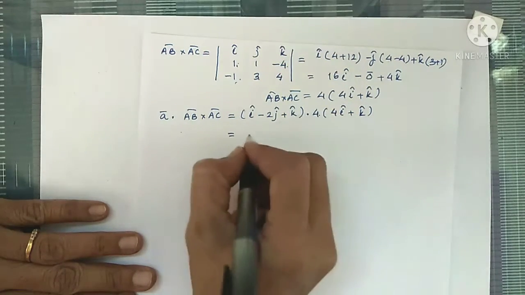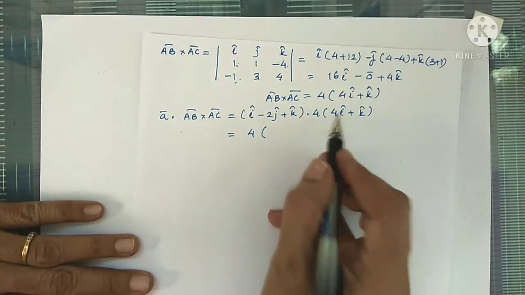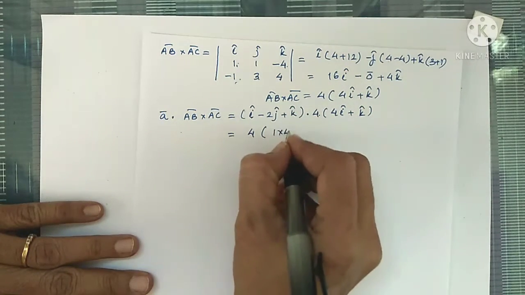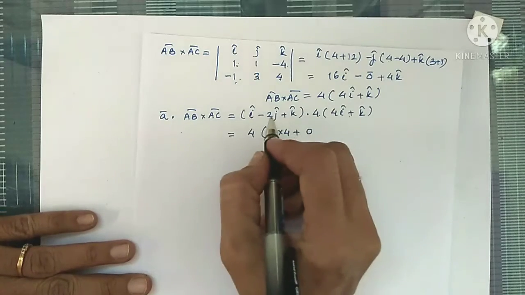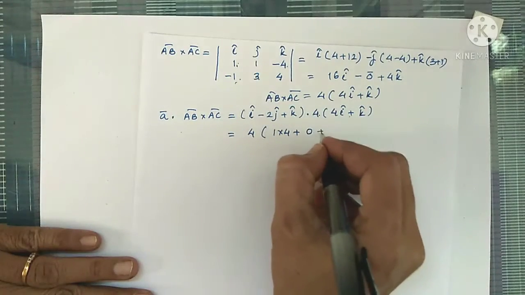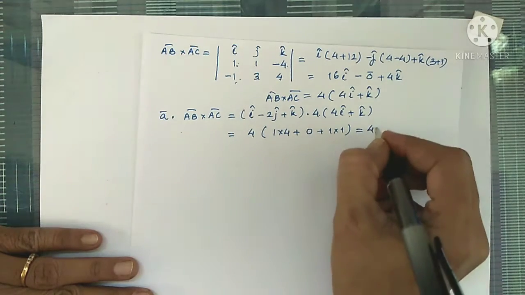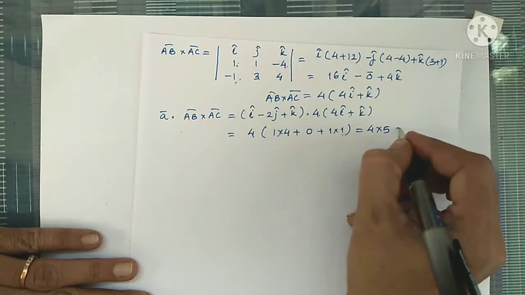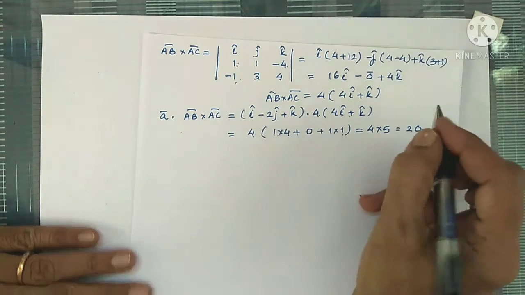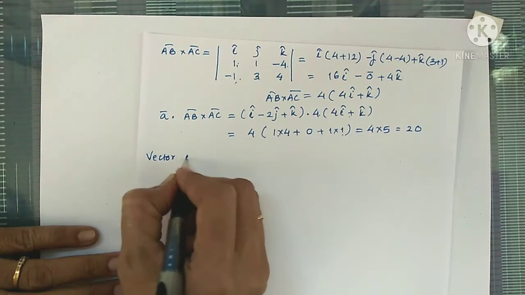Let's write this 4 as it is. Now the coefficients of i are 1 and 4, so their product. The term in j is not here, so the coefficient is 0, and 0 multiplied by this number is also 0. The next one is 1 into 1. So this is 4 multiplied by 4 plus 1, that is 5. So it is 20.